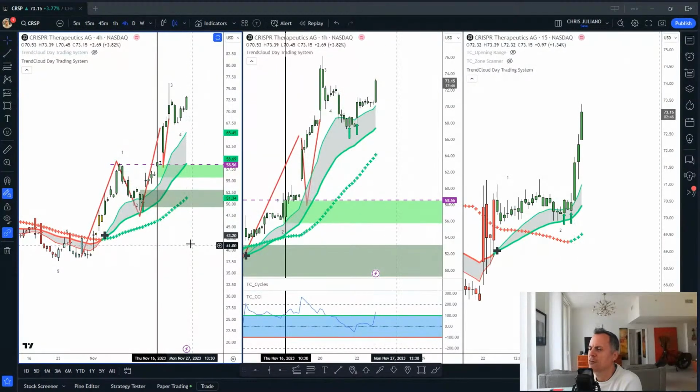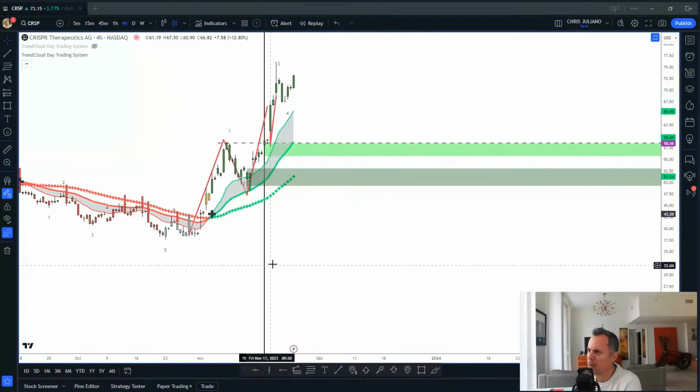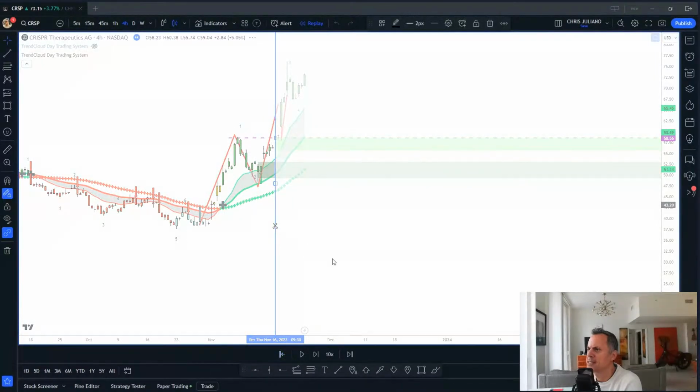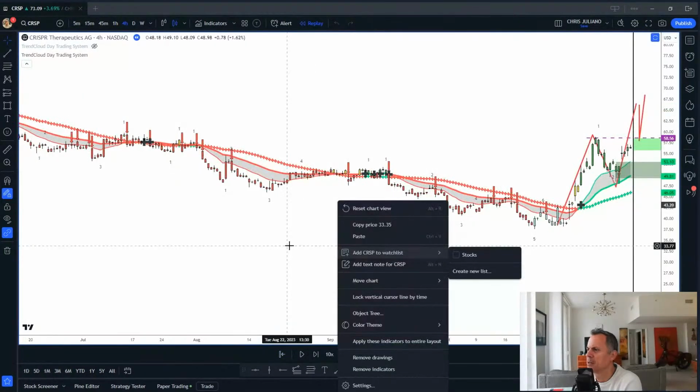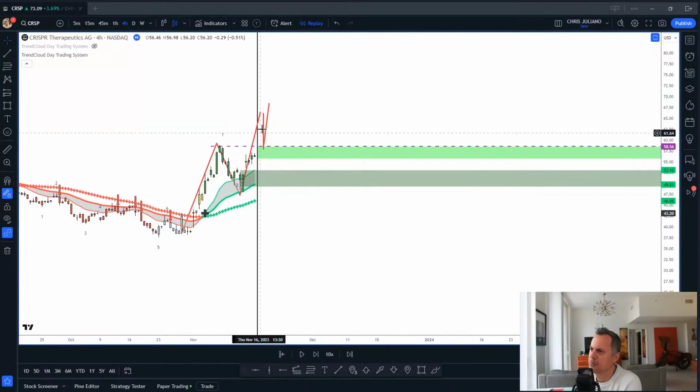Wow, look at CRISPR here. 4-hour chart. This is what we were drawing here. Here's where we drew the line, right? So we were looking at it like this at the time. And I said, you know, it's going to do something like this, right?